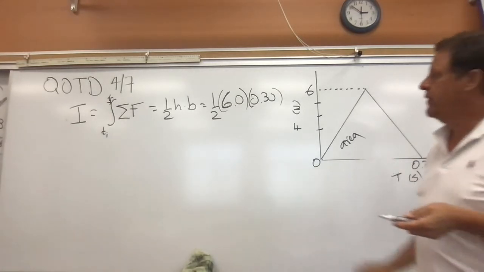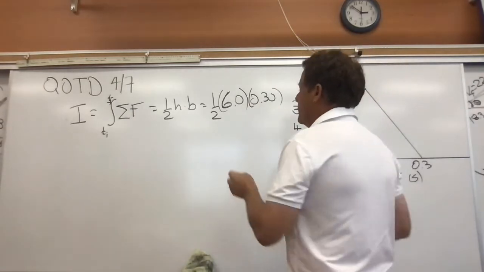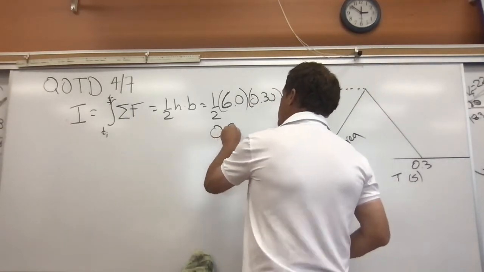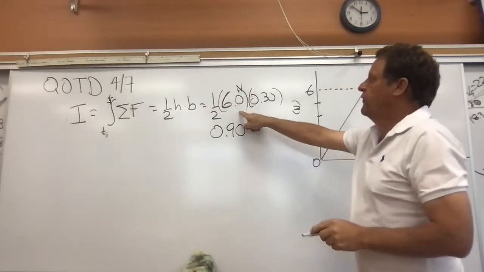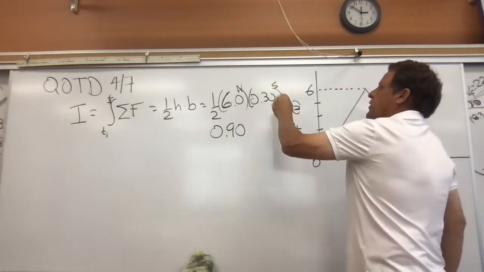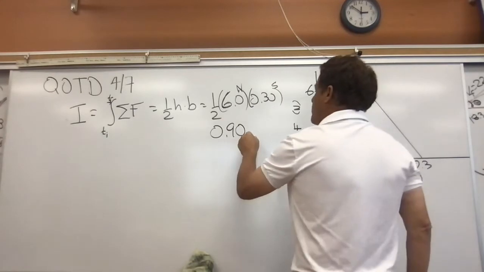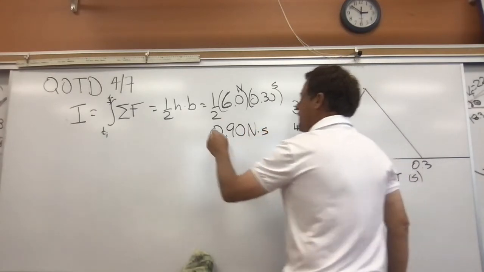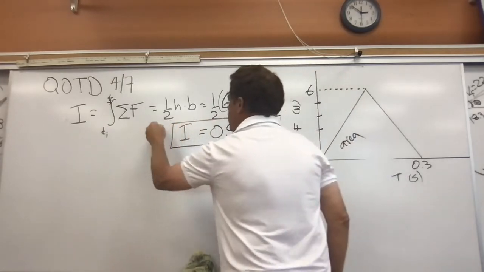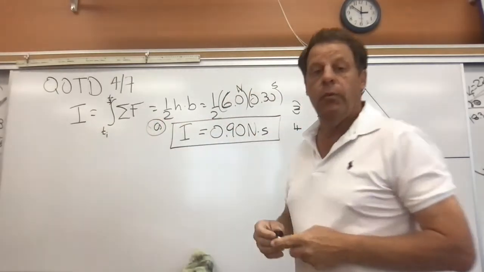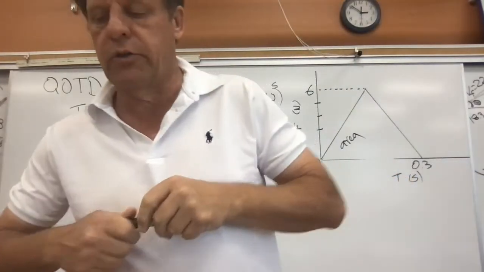So 1/2 of 6 is 3 times 0.3 is going to give us 0.90. Since the units of force are newtons and the units for time are seconds, we have Newton seconds, which is going to be our impulse, which is the answer to the first question.